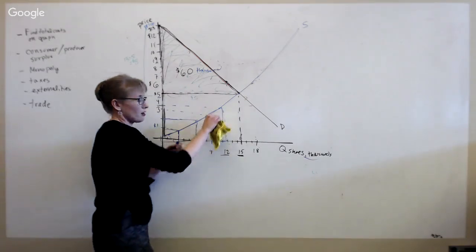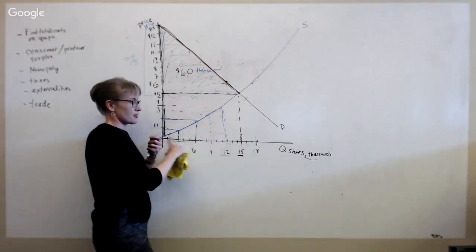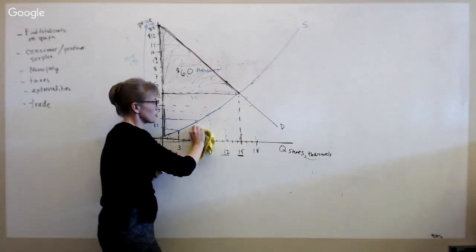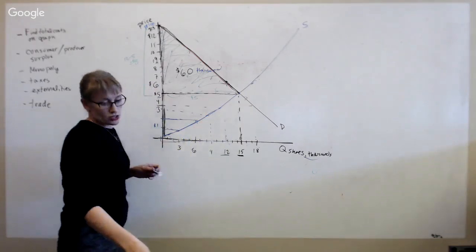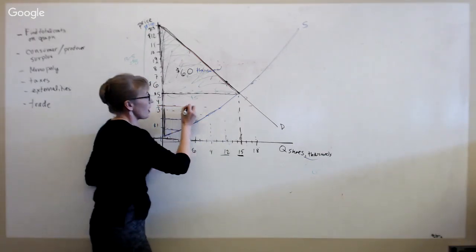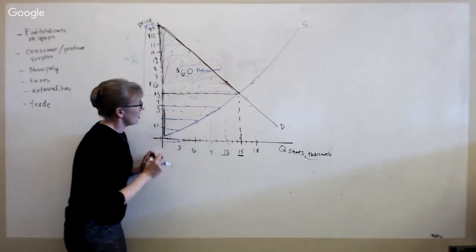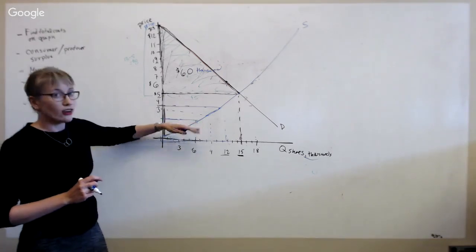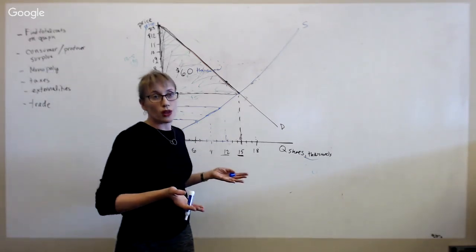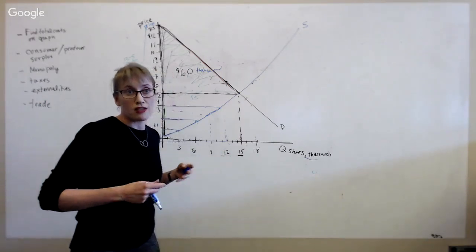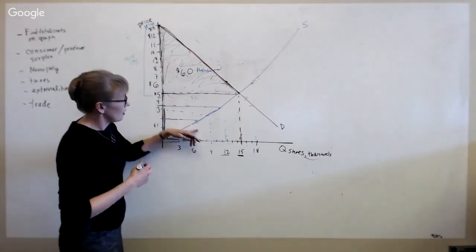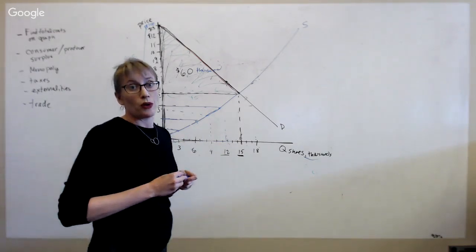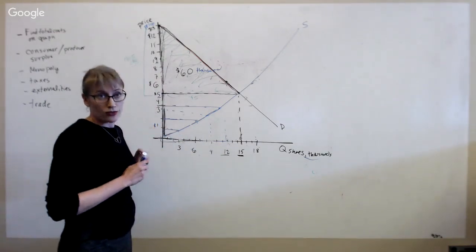So our firms collect this in total revenue. They pay this in total costs. And the difference between the two, or the area underneath the price and above the supply curve, is the additional surplus or profits our producers receive above and beyond what would be required to bring those units to market.